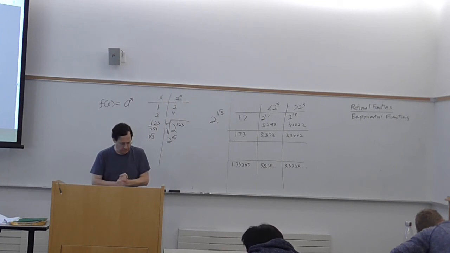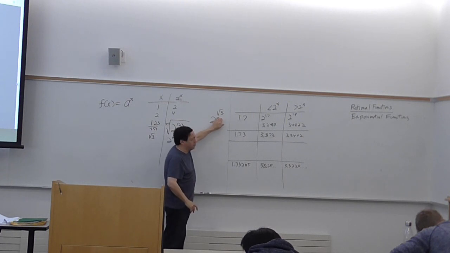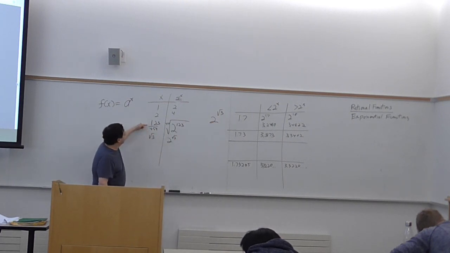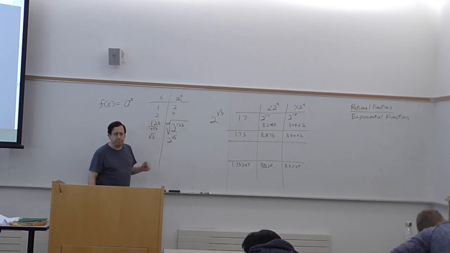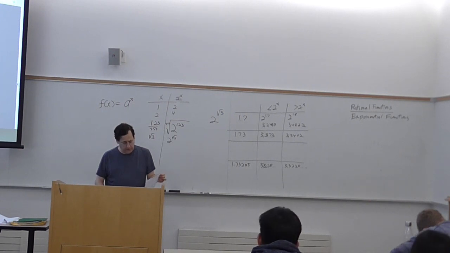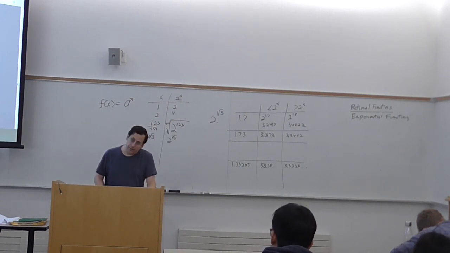It's a calculus subject. But I just want you to know that this has a meaning. It's just not as straightforward as 2 to a fraction or 2 to an integer. That's just a little piece of extra information about evaluating exponential functions. That's it for today.